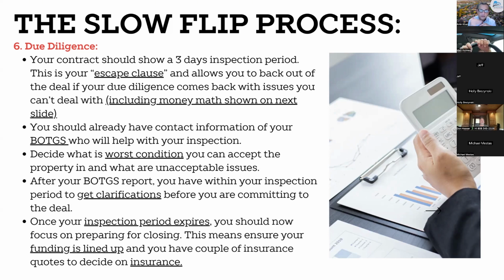Now, this is another thing in your due diligence you have to know before you even start doing this: have some criteria. I have my own buy box. Based on this, I have my own criteria for the worst condition I would accept a property in, and I would not go below that.